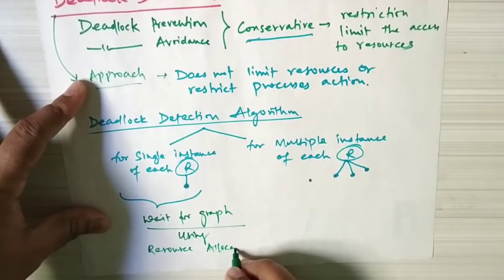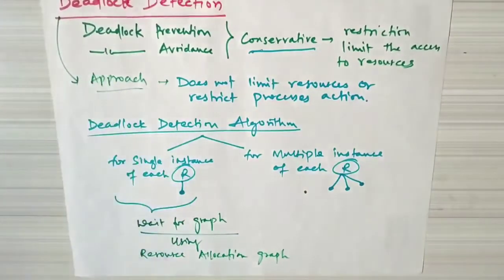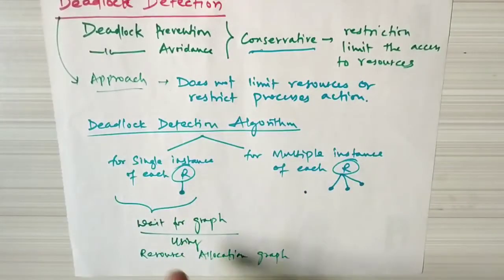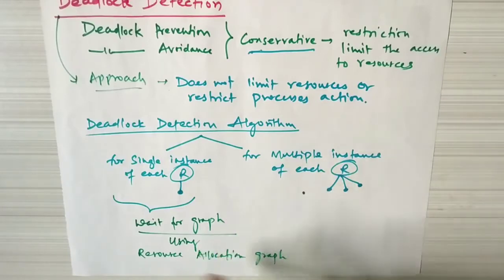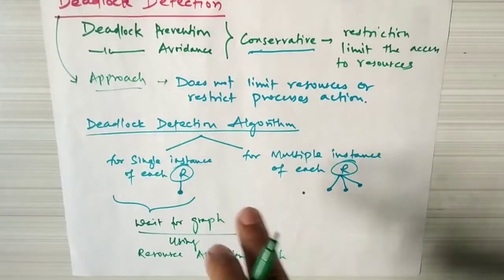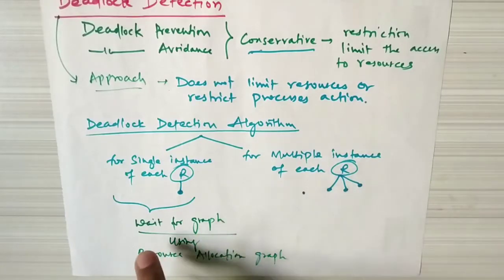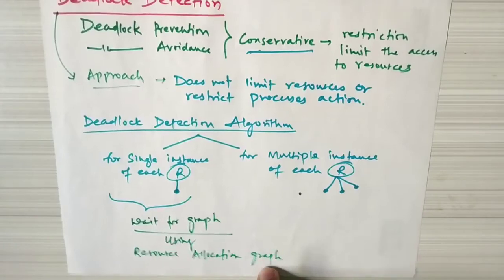If we find a cycle in that particular graph, then we can say that a deadlock has occurred. If there is no cycle, then it means no deadlock. And we get this wait-for graph using the resource allocation graph.